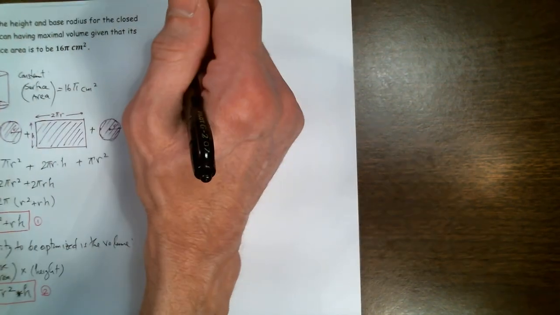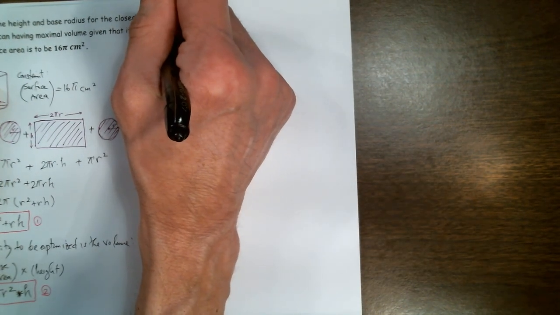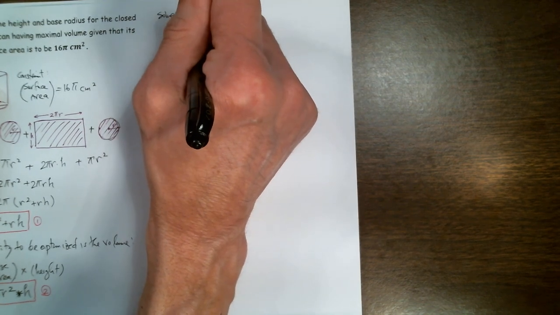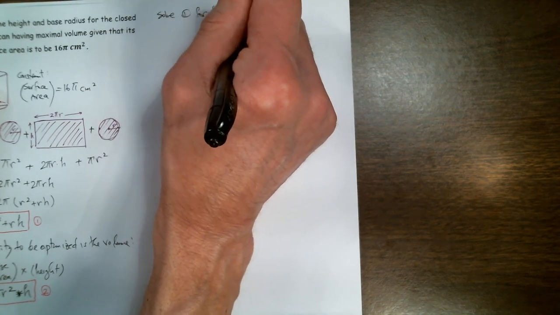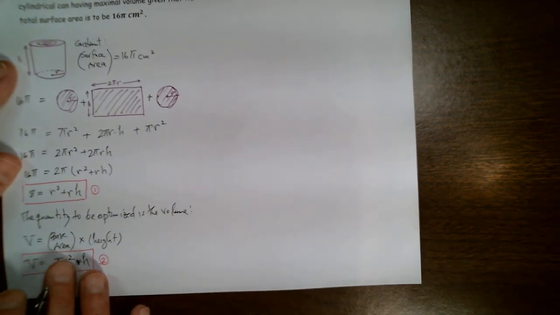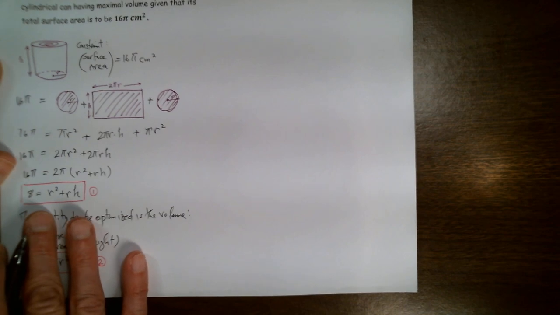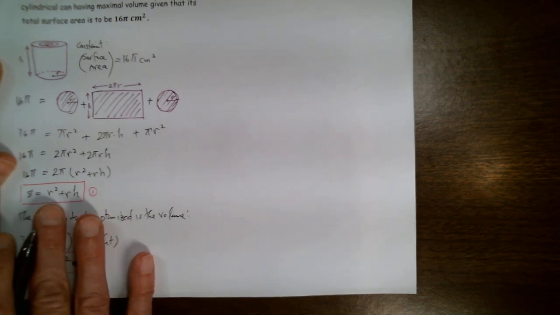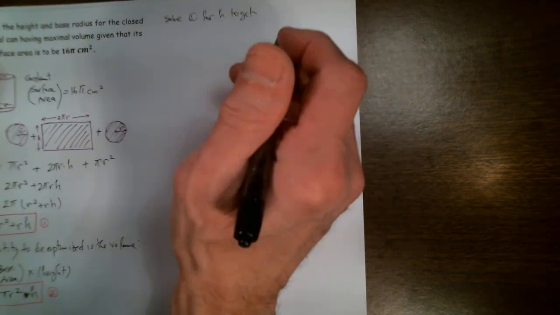Okay, so now we're going to take equation 1 and we'll say let's solve equation 1 for h to get. Okay, so again, remember that this was equation 1. 8 equals r squared plus rh. So we'll subtract the r squared from both sides.